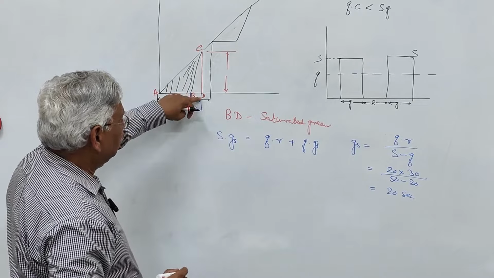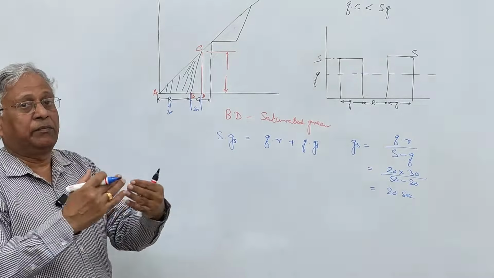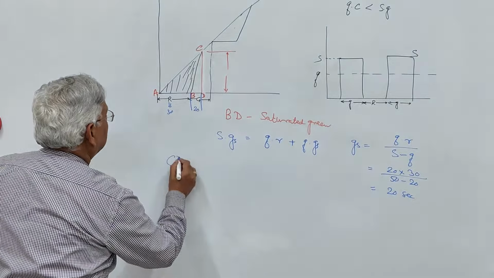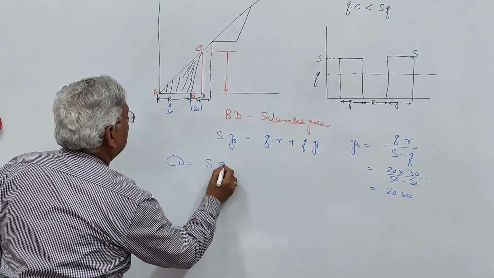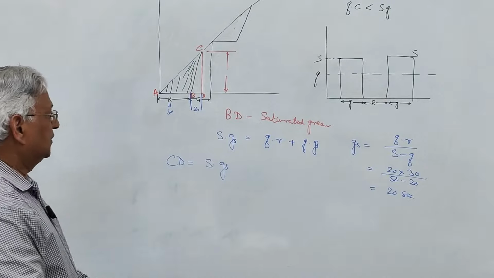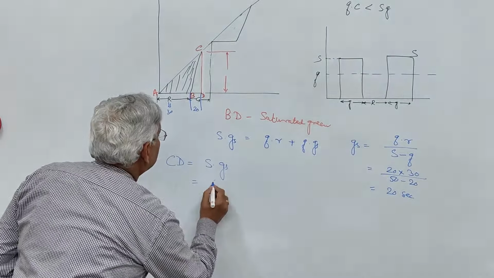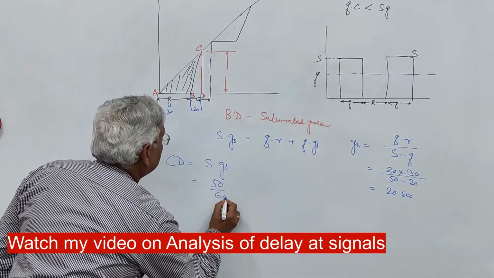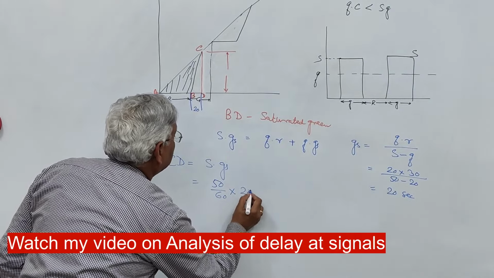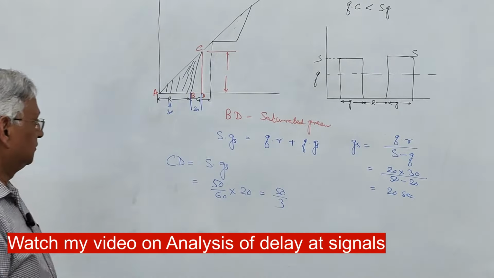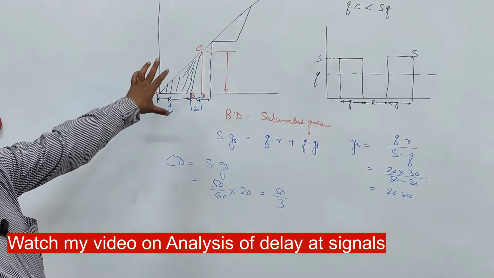So what is CD? CD will be number of vehicles which are departing in 20 seconds. So CD, that is the height, will be S into GS. Rate of discharge is given as 50 by 60 multiplied by 20. So this is 50 upon 3. That is the CD.